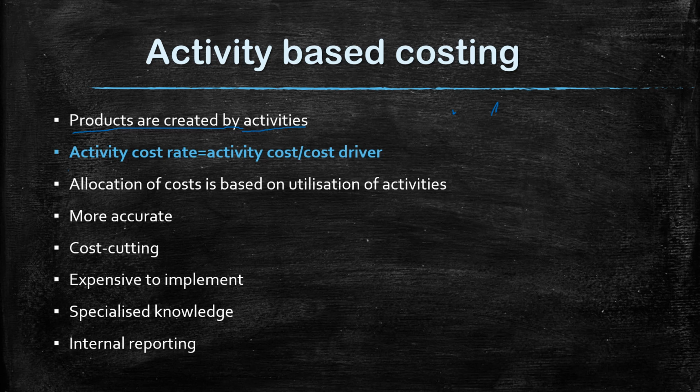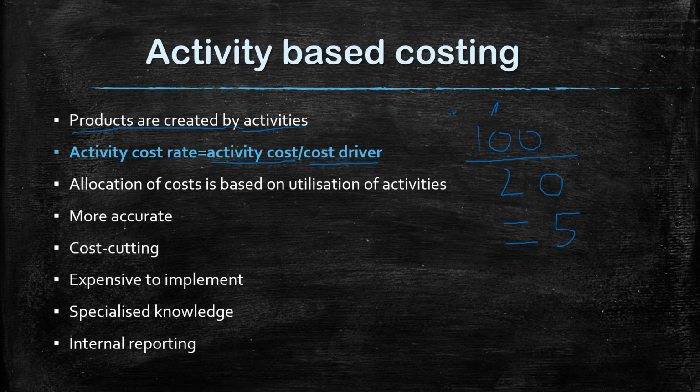A typical way of doing that is finding the cost of a particular activity. Maybe this is the maintenance, and something that could be a cost driver in the maintenance of a machine could be the hours in which the system is maintained. So if we have an activity cost, and maintenance costs us just 100, and our cost driver is 20, that simply means that our maintenance per unit is 5, right?